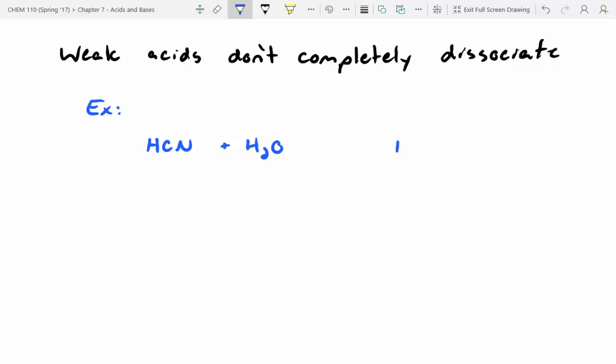So we might observe a little bit of H3O plus in solution, plus a little bit of CN minus. Let me move this over. However, only a tiny little bit's going to be going in the forward direction. Most of it is actually going to stay on the left-hand side.